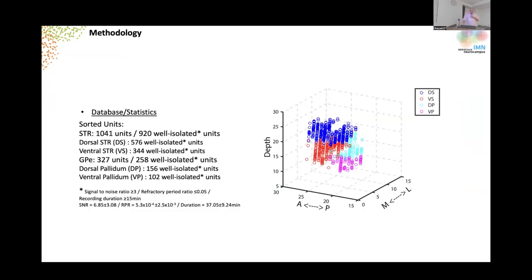So we recorded more than 1,000 neurons in the striatum, and a bit more than 300 in GPE. For the striatum, we recorded both dorsal and ventral striatum, and the same for the pallidum, dorsal and ventral pallidum. Here you have the distribution of the recorded neurons in space.